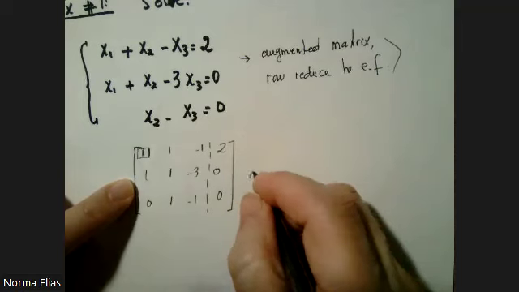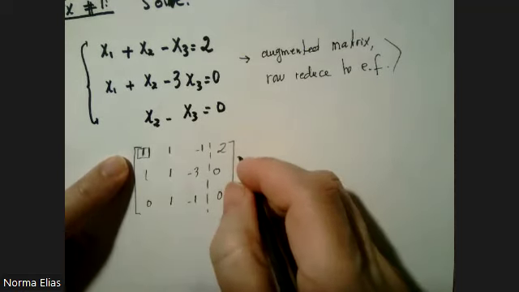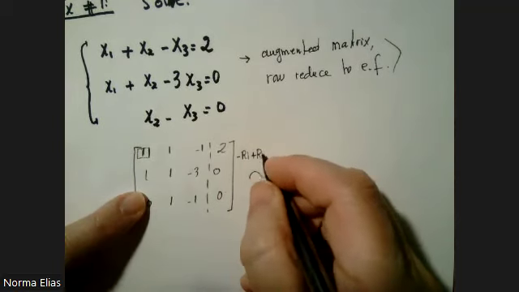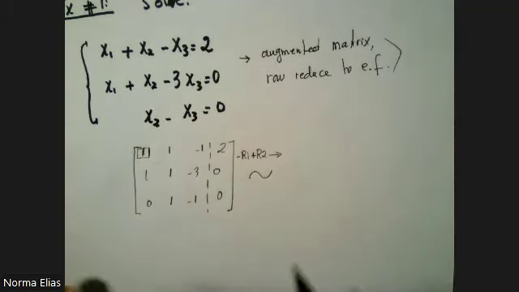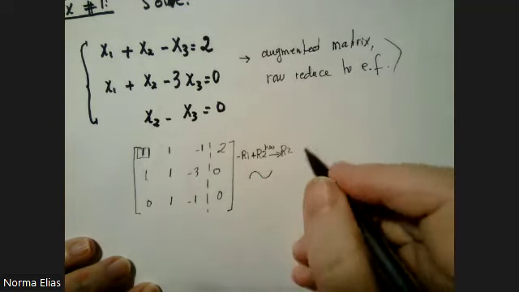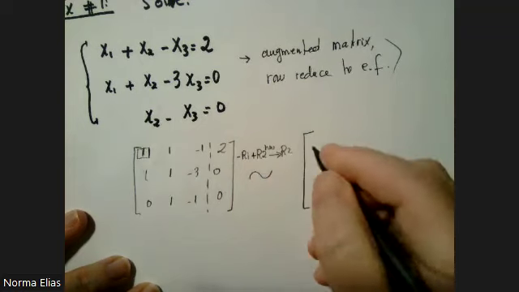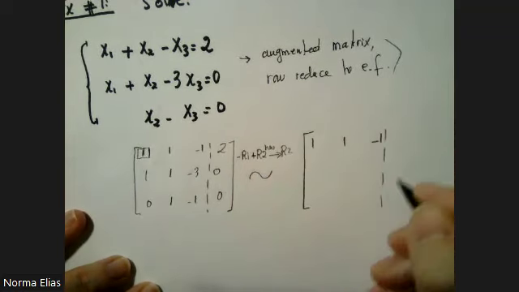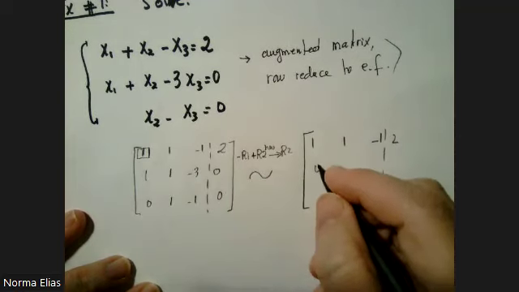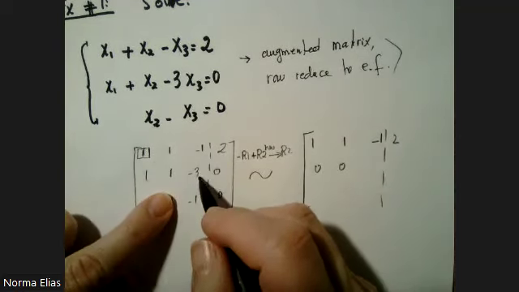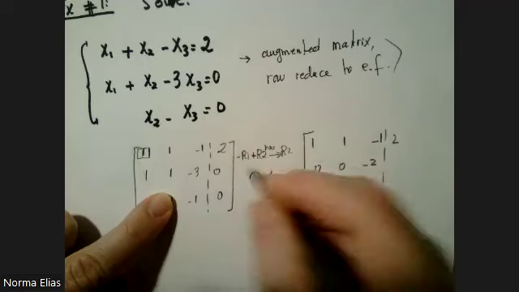The natural row operation is to take the first row, multiply it by 1, and add it to the second, and this is going to be my new R2. This leads me to the following: 1, 1, minus 1, 2, 0, minus 1 plus 1 is a 0, minus minus is a 1, minus 3 is a minus 2, minus 2.